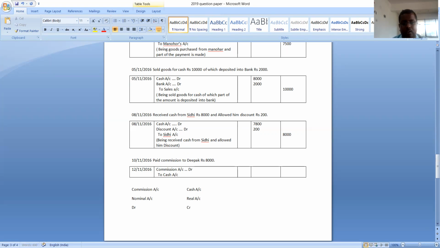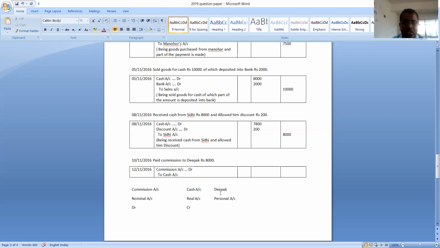See here, suppose if you were taking it like this, paid commission to Deepak, instead of taking cash account, suppose if you took Deepak's account, then it is not possible to pass the right journal entry. Deepak account is which account? Personal account.